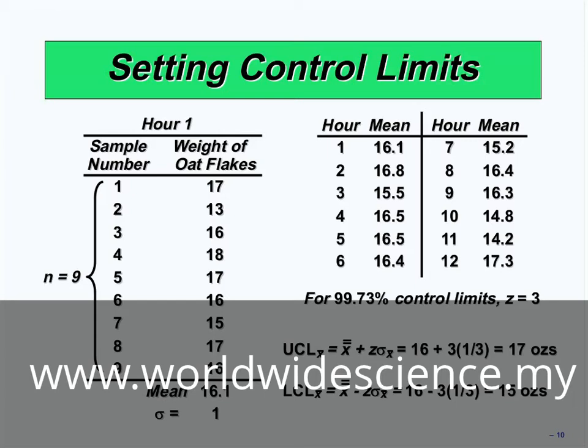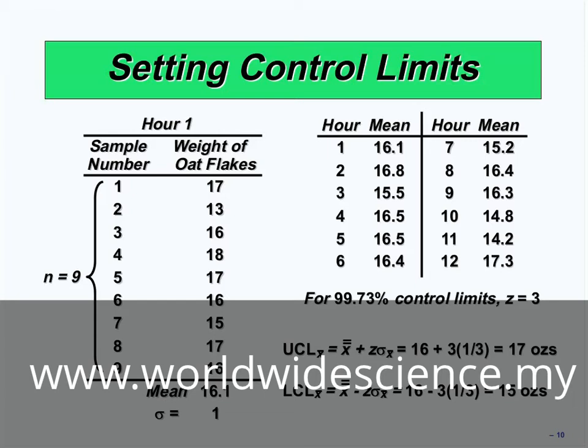Sigma is given to you by engineers or top managers as much as 1. Radical 1 divided by radical 9 gives you 1/3. 1 on 3 multiplied by 3, because Z is given to you equal to 3.